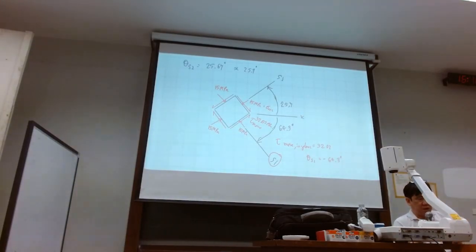Now, this is the whole process of stress transformation using the formula that I give you. So again, the formula in red color is given. The rest is something you have to figure out yourself. So it might not be that easy if you don't know how to use the formula.